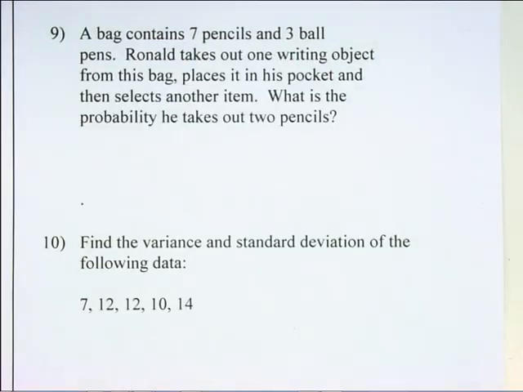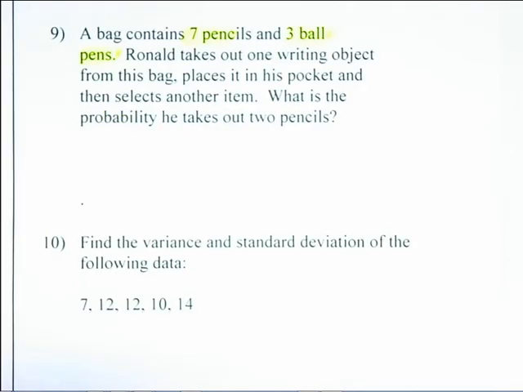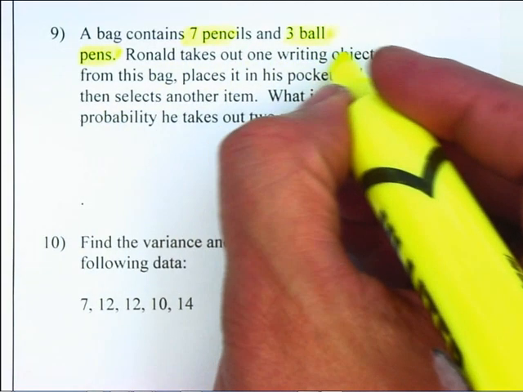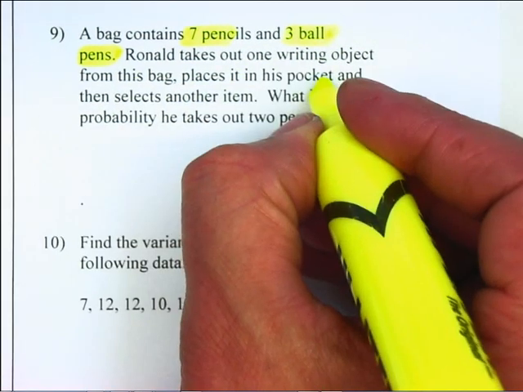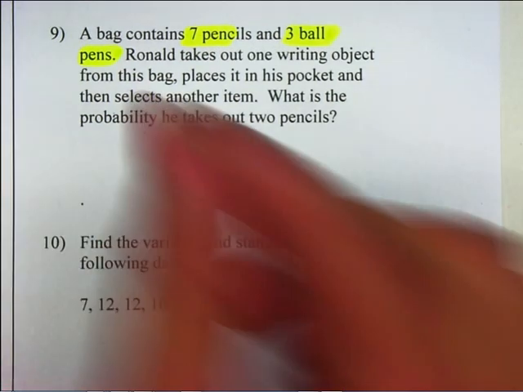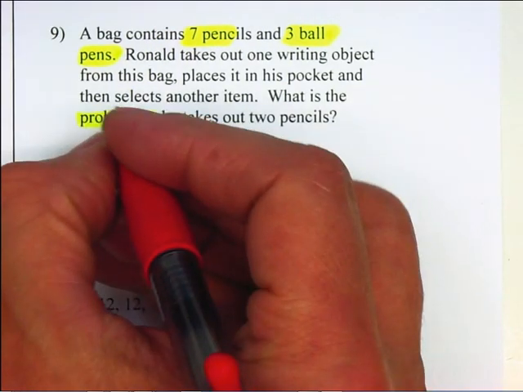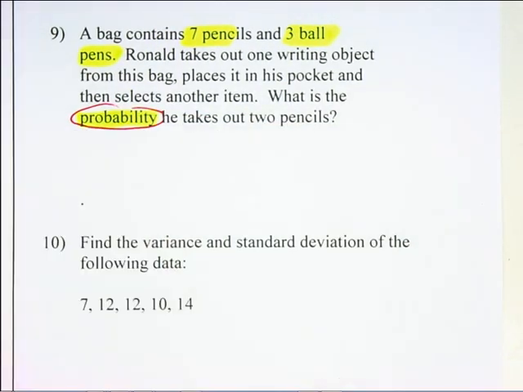Problem number 9. On problem number 9, it says a bag contains 7 pencils and 3 ball pens. Ronald is taking one random object from this bag, places it back in his pocket, and then selects another. So remember, in this one you're selecting one and then another. What is the probability, which means you're going to have a fraction, that it takes two pencils out?